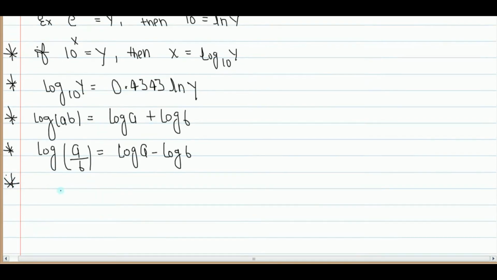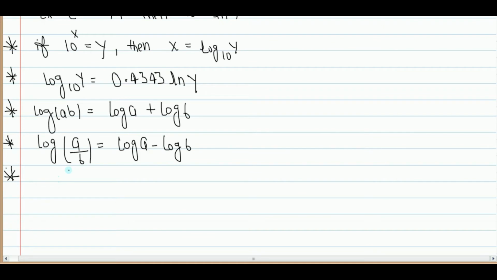In the next part we are going to learn about log of a to the power n. Similarly, what I have told you earlier, if the logarithmic function is written as ln, then the default base value will be e.